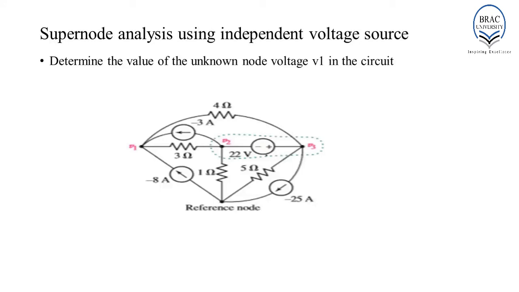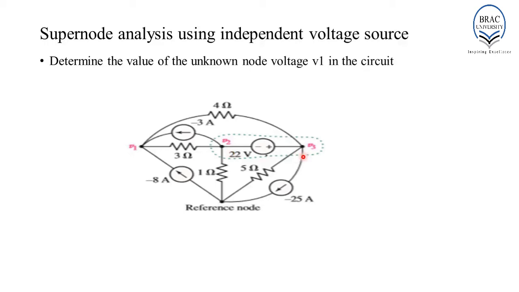In this particular network, there are 3 independent current sources and 1 independent voltage source. Just how we solved the previous example, we can also solve this network. This voltage source must be replaced by a short circuit equivalent. Then the nodes V2 and V3 can be considered as a single supernode.